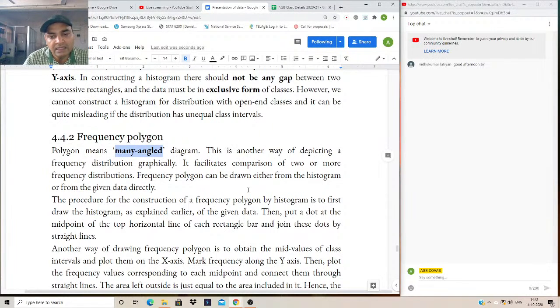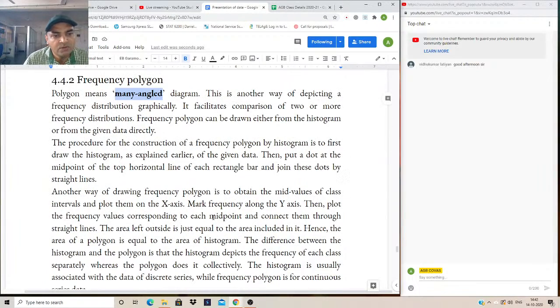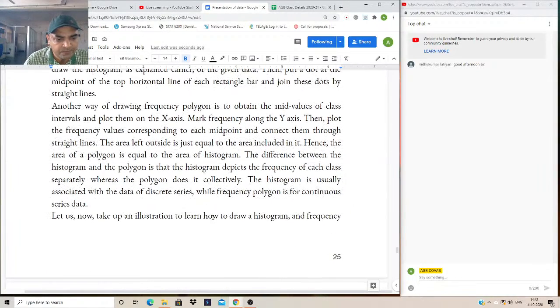Okay, and frequency polygons can be drawn either from the histogram or from the data given directly. We will discuss how to make the frequency polygon from the histogram, and similarly we will understand how to make it directly, because the direct method is much easier.